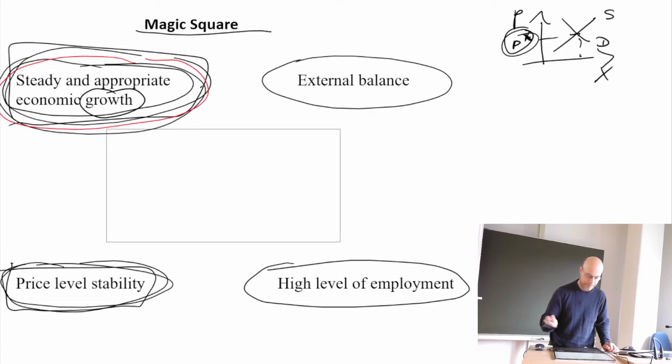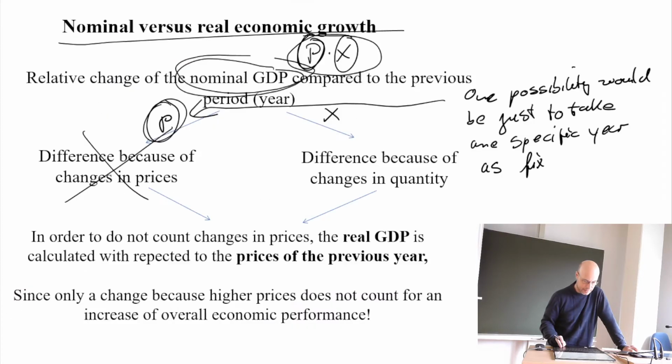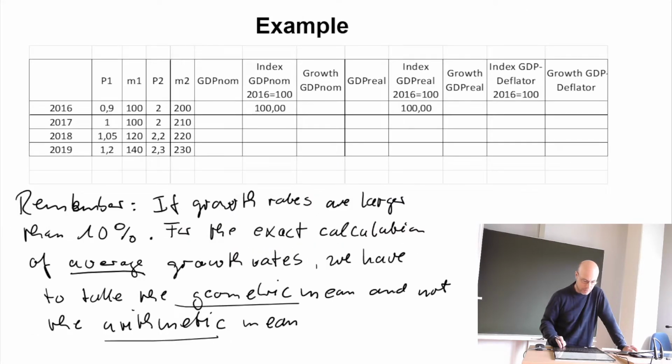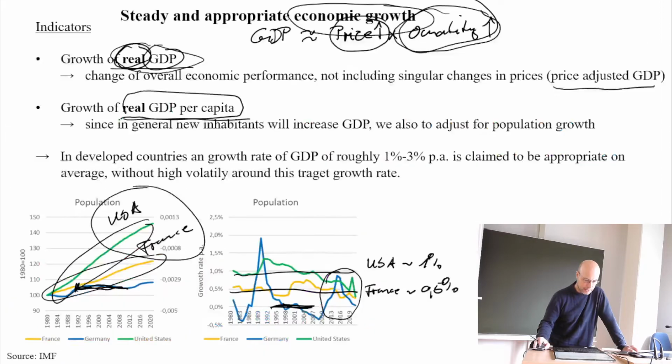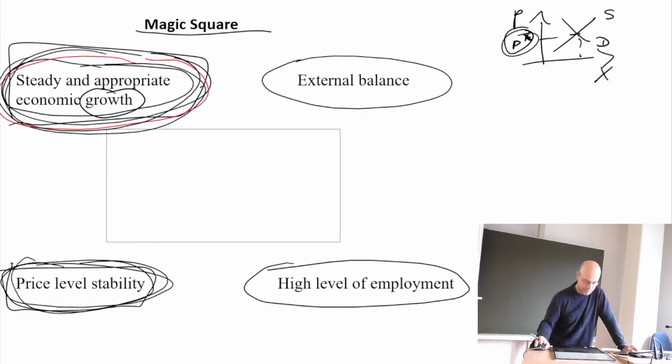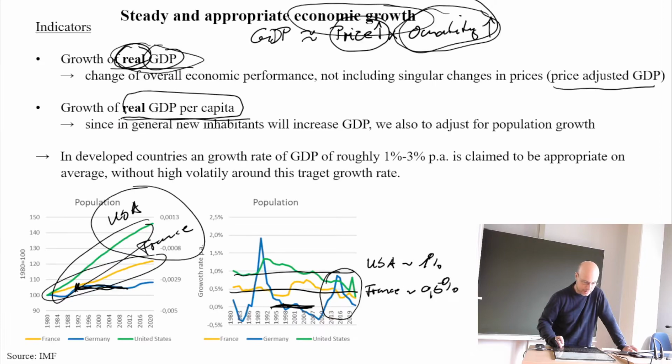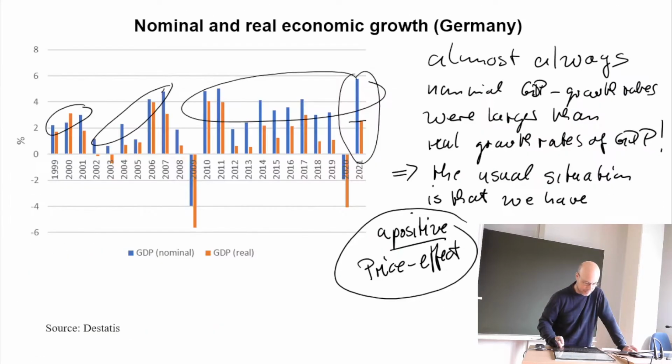So now we have talked about steady and appropriate economic growth, and we have talked about price level stability. So the next one will be our high level employment. We want to talk about that today.